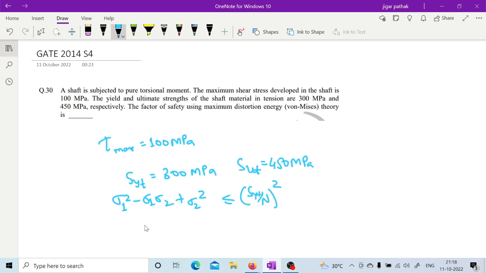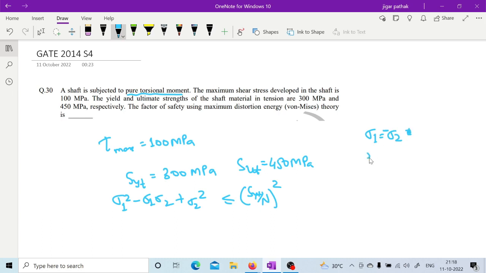If you are going to put the values, here it is under pure torsion, means pure shear. It means that sigma 1 is equal to minus sigma 2.